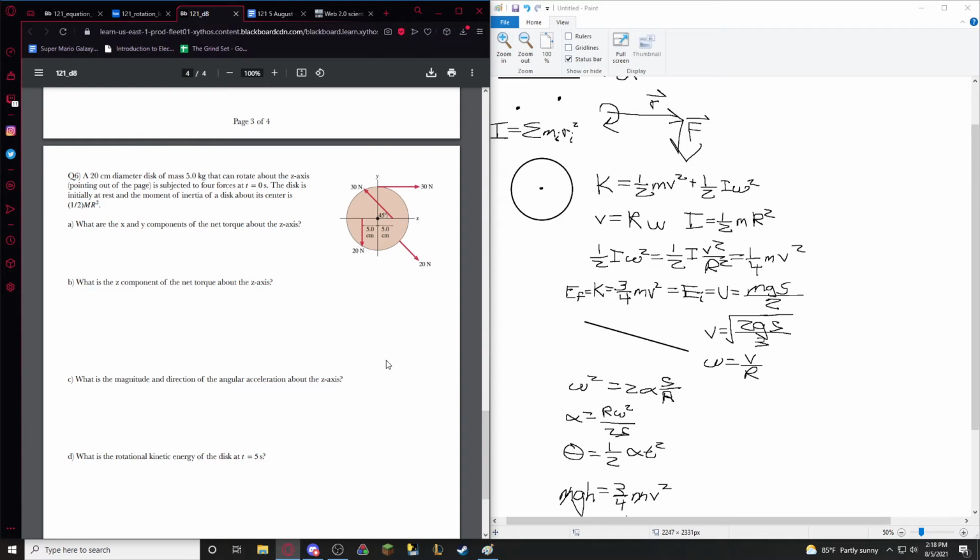For the 30 that's kind of slanted, we would have to multiply that by sine of 45, because it's not perpendicular to the displacement. For the other ones, I think we should just be able to multiply the distance from the origin to the force times the force. Yep. So, what is the total x and y component of the net torque about the z-axis?